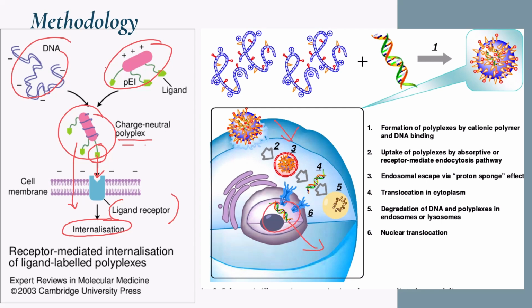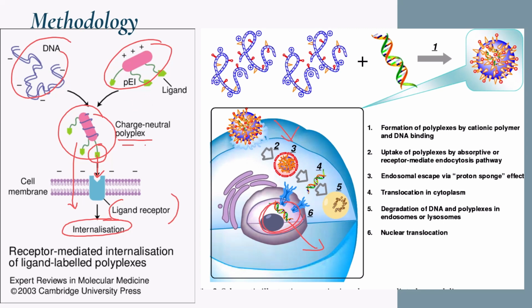Another method is that the internalization can occur by endocytosis. Here we have to note that the cationic polymer usually permits only transient transfection. That is, it does not get incorporated into the genetic material. So that is a disadvantage actually.